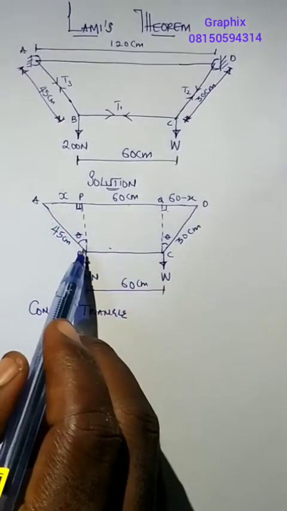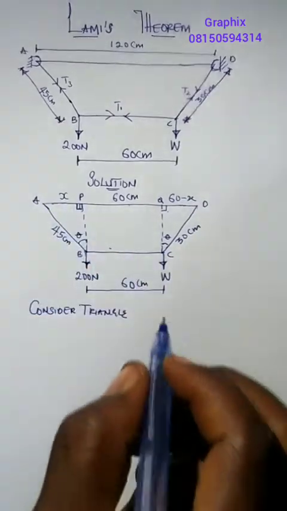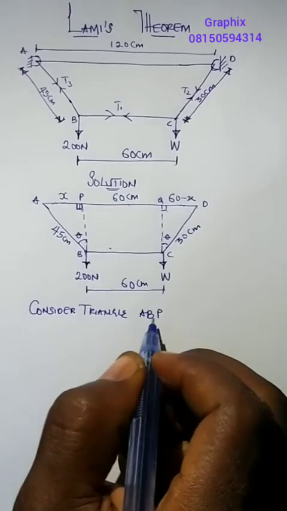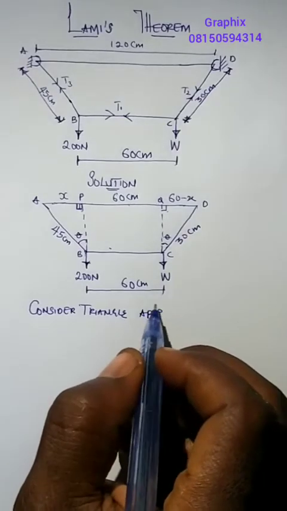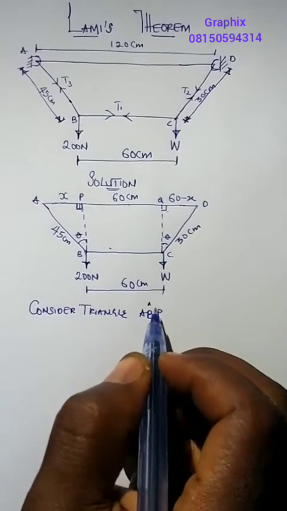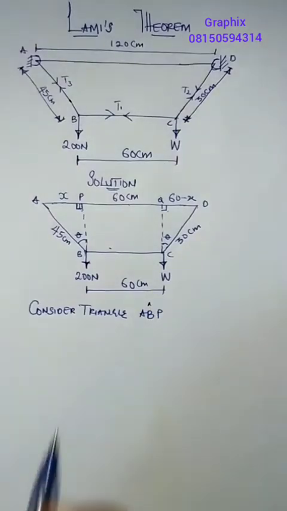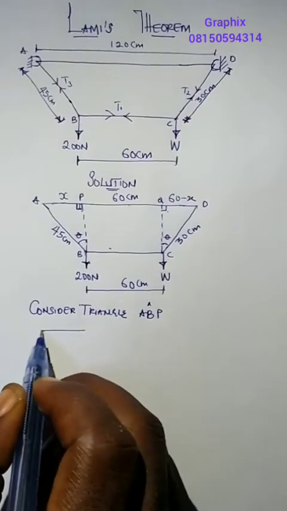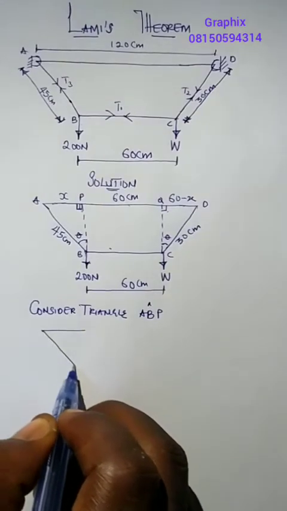So consider triangle ABP, right? So our angle is at B here, let's assume. So let me draw it out. I'm having something like this. So you watch and see.